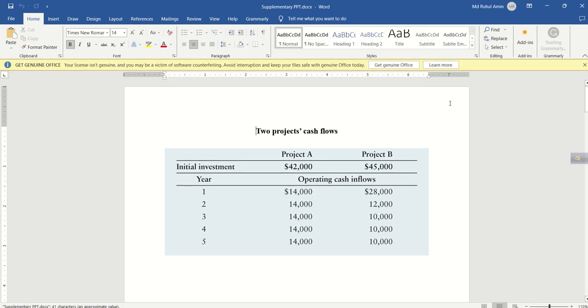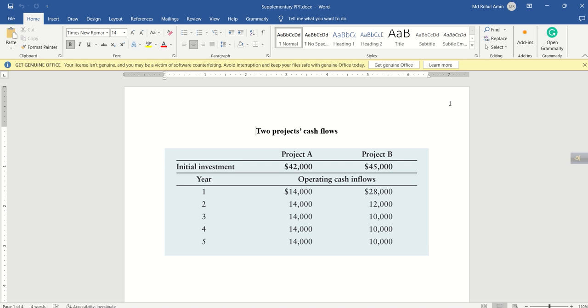Okay, so if you remember the project evaluation from our chapter 10, that is using several capital budgeting project techniques, for example, net present value, IRR, MIRR, payback period method. In that chapter we used these two projects' cash flows to show some examples.